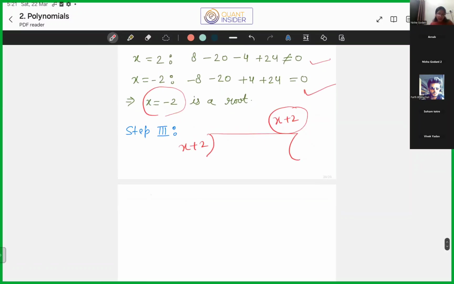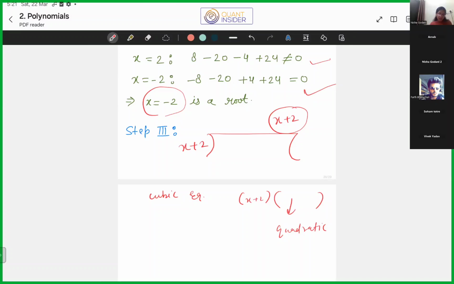You have actually a cubic equation, right? And you know that that cubic equation has one linear factor which is x plus 2. So another factor will be quadratic, of degree 2. If you have a cubic polynomial and you have one factor of that, this means that another factor will be quadratic, and using that quadratic factor you can find the roots of that quadratic equation by equating to 0.